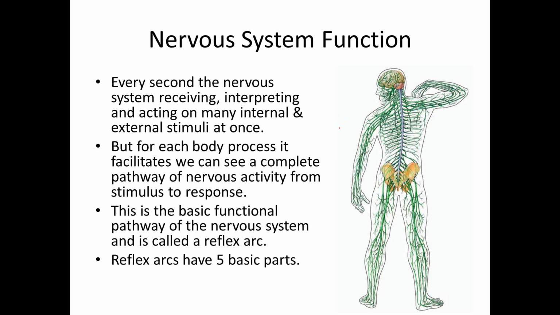It has a simple conceptual framework. And for each process we do in the body, each body process, there is a complete pathway of nervous activity from a stimulus to the response. Now this pathway has 5 basic parts, and we call this pathway a reflex arc. Now we're going to have a look at a simple reflex arc now in the next slide.